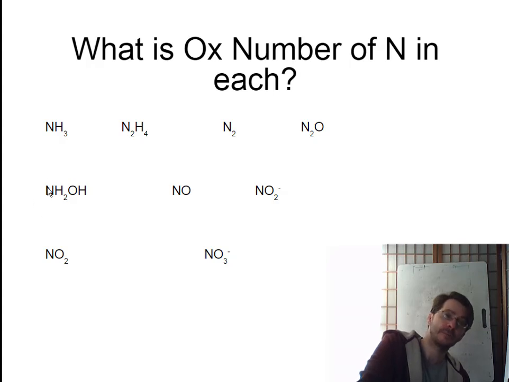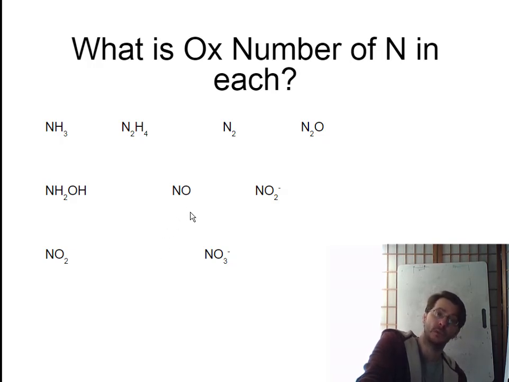This nitrogen has to be -1 oxidation number. The hydrogens are +1, +1, that's 2, plus the other hydrogen, +3. Oxygen is typically -2, leaving a +1 charge that needs to be compensated for, so this nitrogen would be a -1 oxidation number.